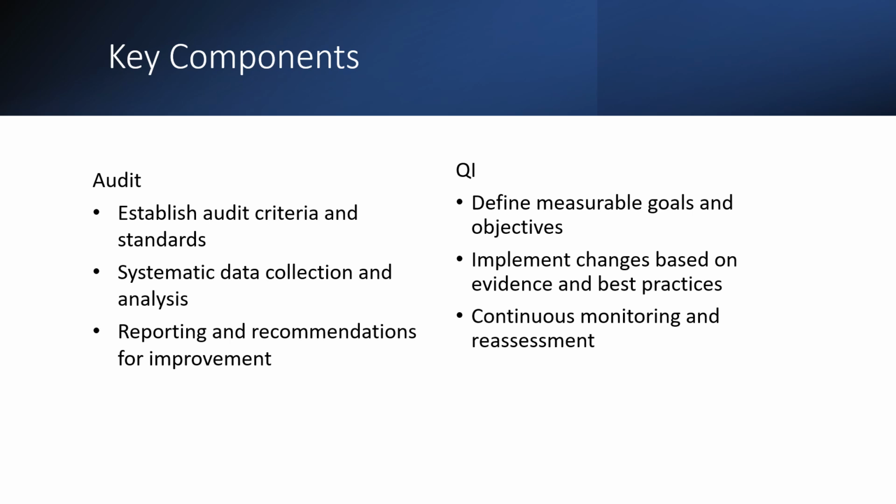There's different components to audit and quality improvement, and it all comes down to the different reasons why we do the different types of project. So with an audit, we want to establish an audit criteria and standards, collect data, and then analyse that data and then make some recommendations for improvement based on whether we are compliant with standards or not compliant with standards.